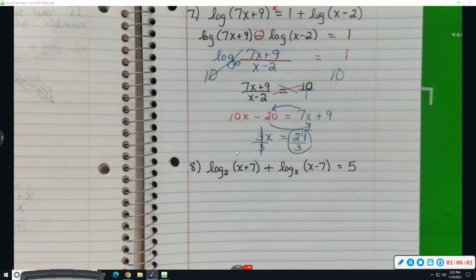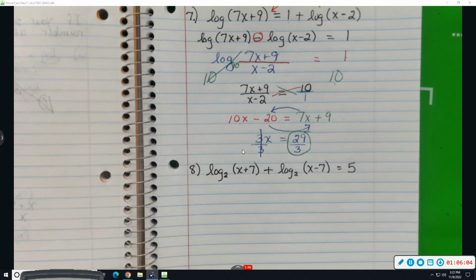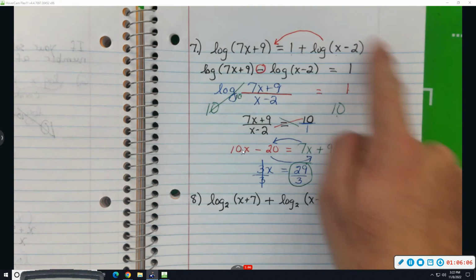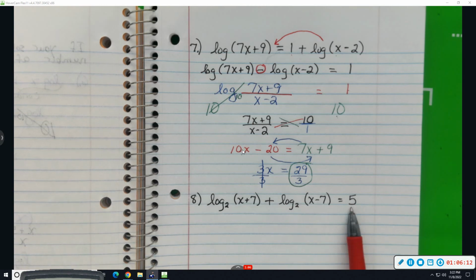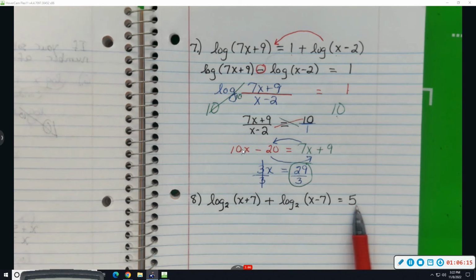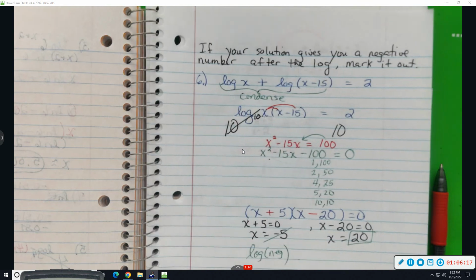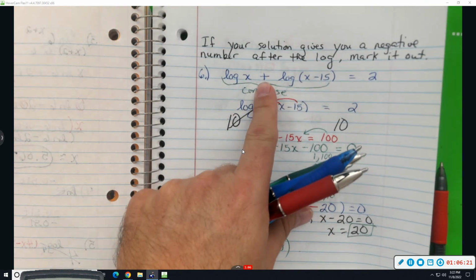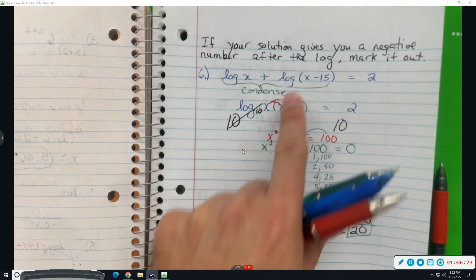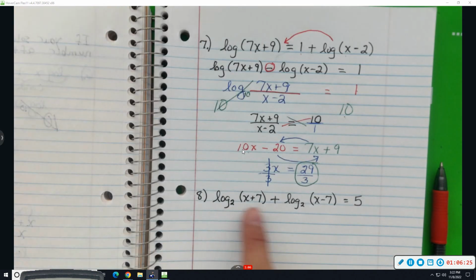Well, we don't have that first step that we had to do on number 7, move the logarithm over. It already has the 2 logarithms on the left, a number on the right, so I claim it's going to be like number 6. We condense it down to 1 logarithm.